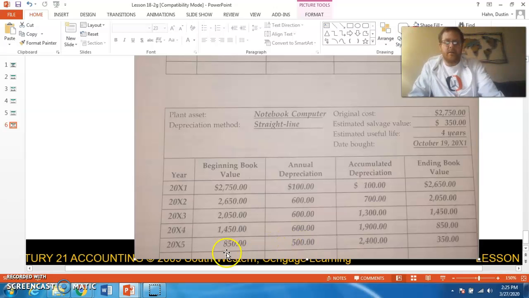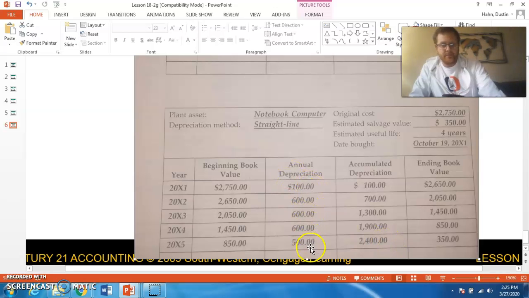We had this notebook computer in our possession for 10 months. So that monthly depreciation is 50. Take that times 10 because we've had it for 10 months, and that's where that 500 comes into play. Now, that 1900 plus your 500 equals your 2400.